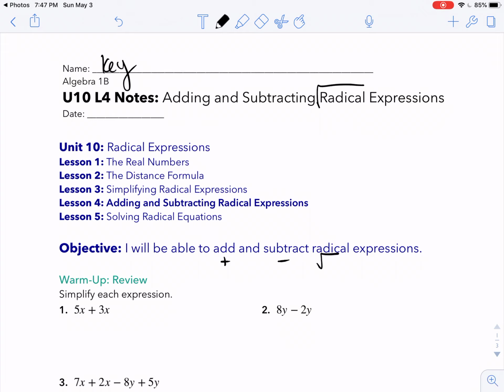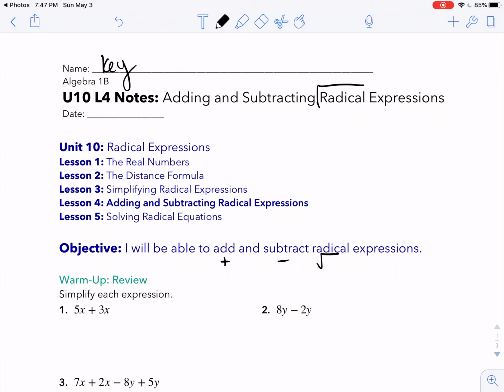Similarly, we found that 8 of something minus 2 of that same thing is going to give us 6 of that thing. Similarly, we have 8 times the square root of 3 minus 2 square roots of 3, and that gave us 6 square roots of 3. It's the same kind of thing, but now we know that x is the square root of 10. Cool, huh? It's like, math is fun.